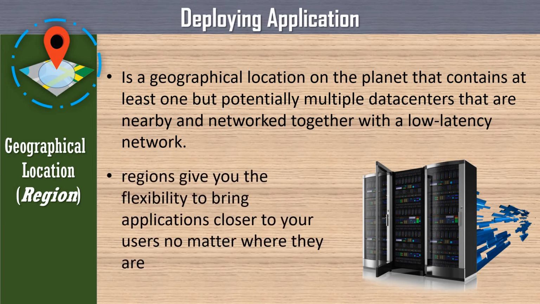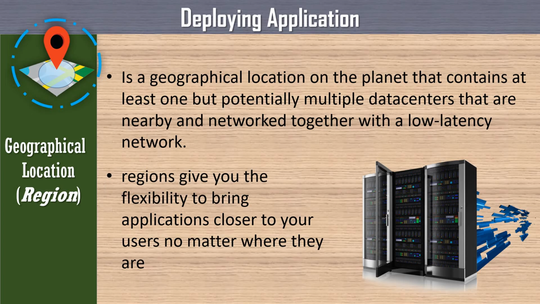A region is very important because it gives you the flexibility to bring your application close to the users you are targeting. For example, if you would like to target users located in Russia, it will be much better to deploy your application in a geolocation region close to Russia, in Europe close to Europe, in the Middle East close to Egypt, and something like this. It will be very useful for you. That's the reason for regions.